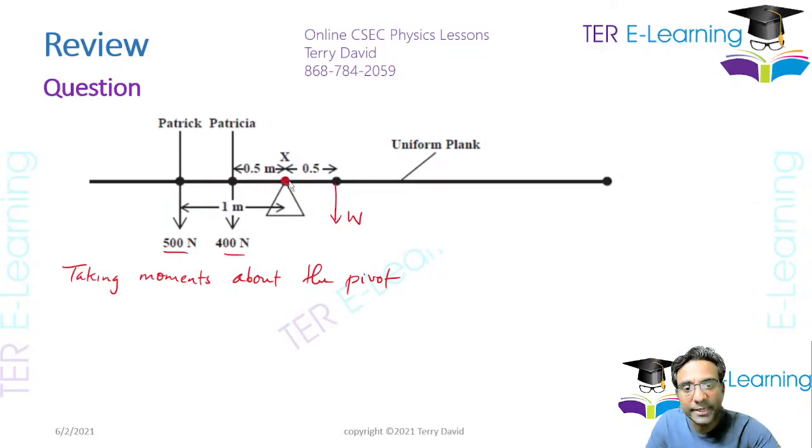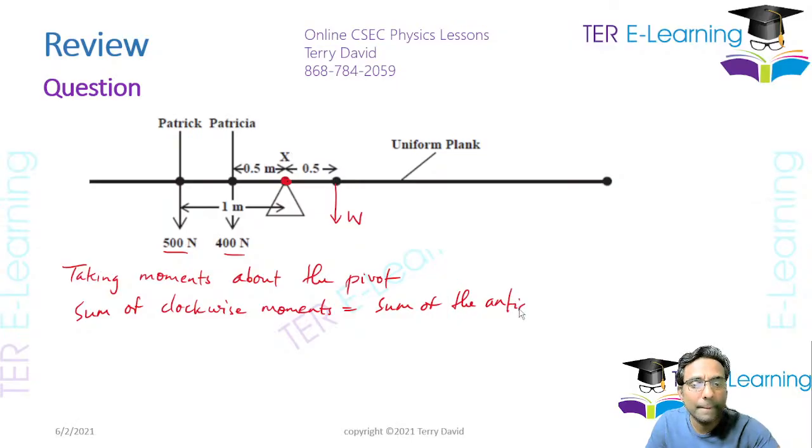That's this point here. We're going to say the sum of clockwise moments is equal to the sum of the anti-clockwise moments. Now if this is my pivot, it means that W is a clockwise moment.